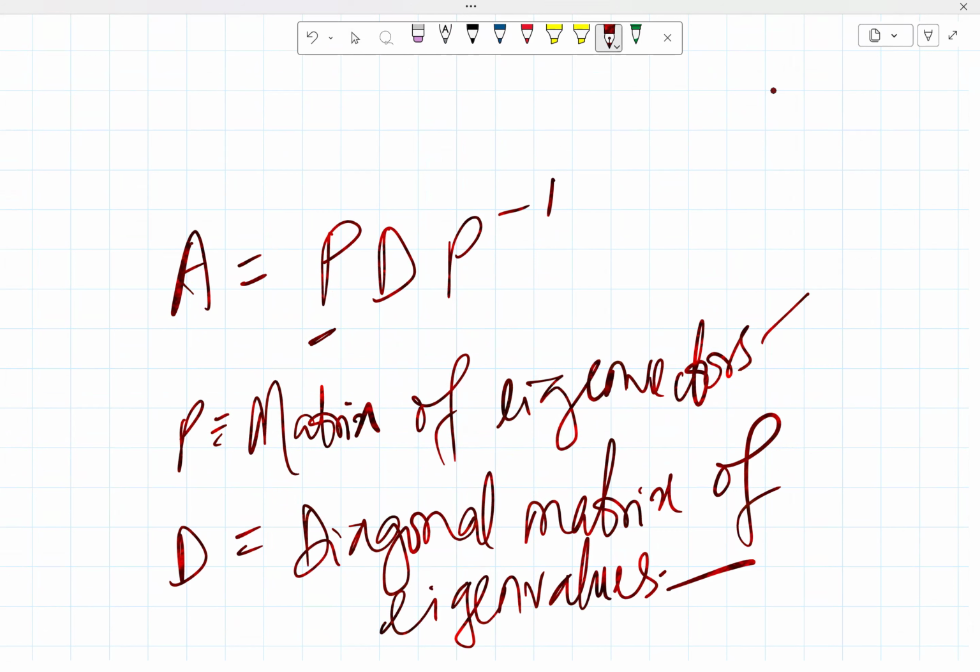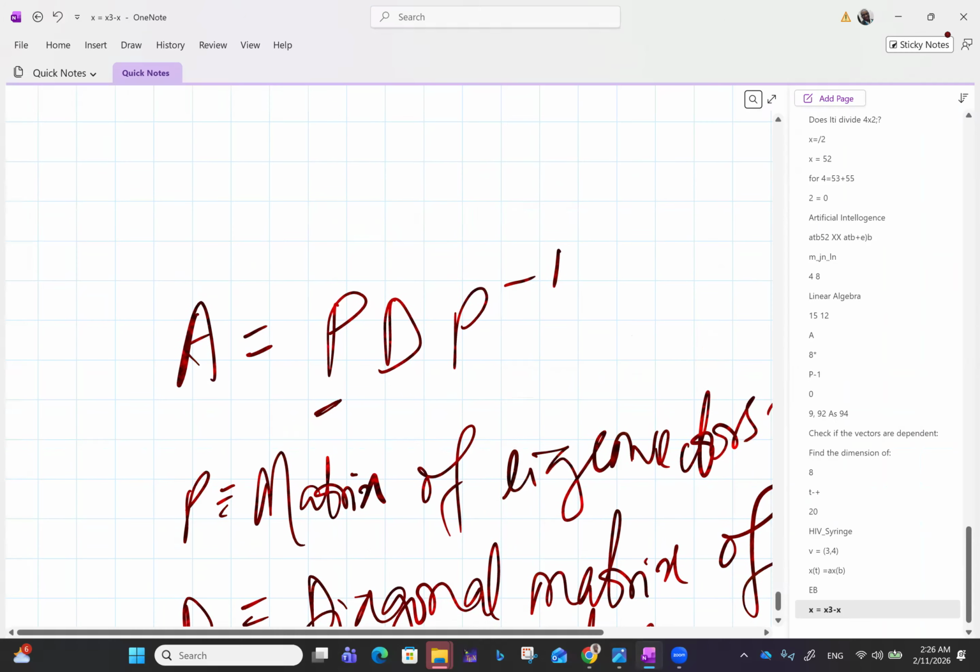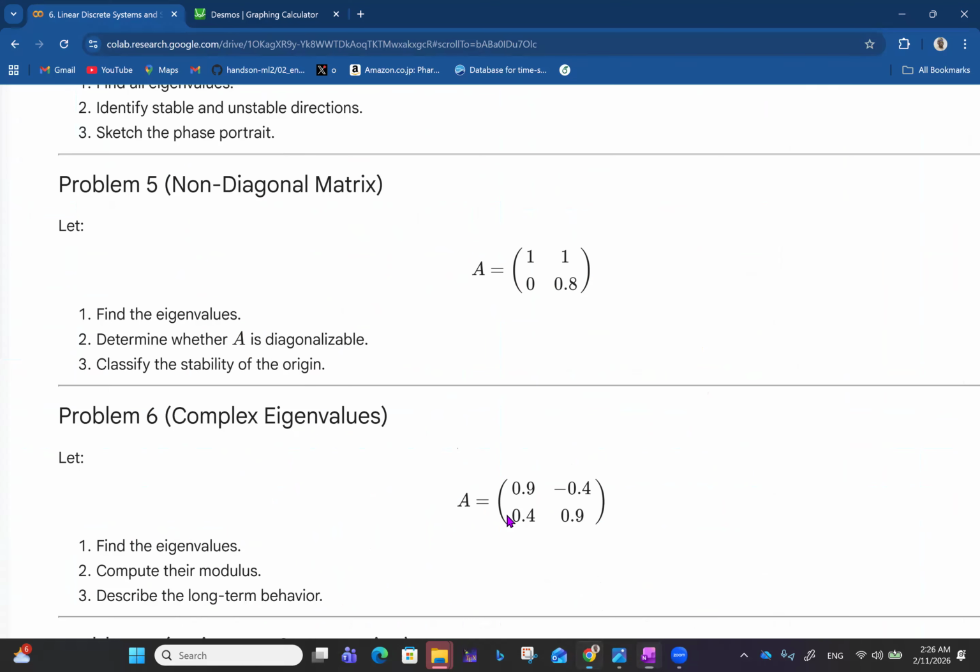So if you are putting one eigenvector in column 1, make sure that the eigenvalue in column 1 for D also corresponds with that one to avoid confusion. Okay. So therefore, for complex eigenvalues, you can try to find eigenvalues. You can't read out the eigenvalues directly here, so you have to really do the work.